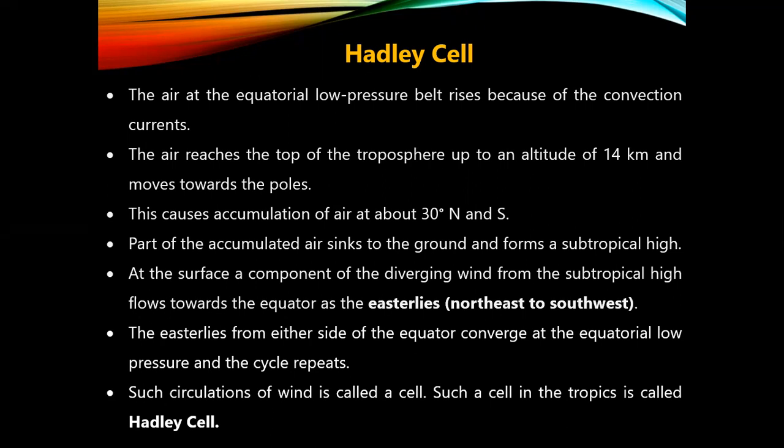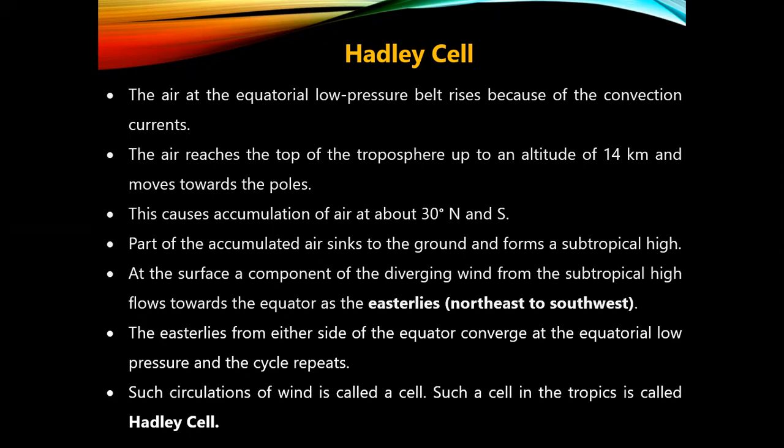At the surface, the diverging wind from the subtropical high pressure belt flows towards the equatorial low pressure belt as the easterlies, that is from the northeast and southeast.